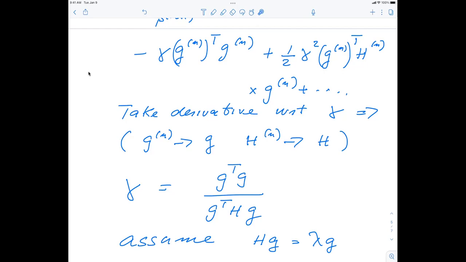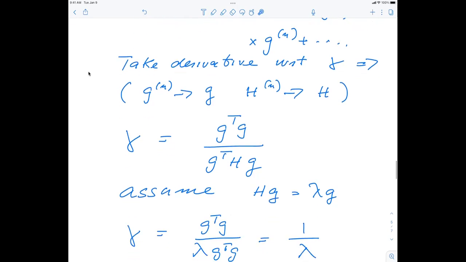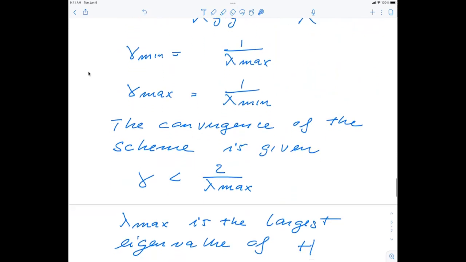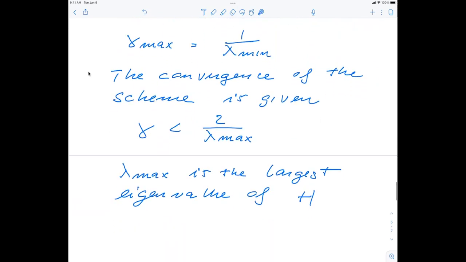And then this is the typical scheme we want to implement in order to find the optimal parameters beta, or the optimal estimator. And you can actually run this analysis, and you can show that in order to ensure convergence, there is a criterion on this parameter gamma, which depends on the value of the Hessian matrix, or the eigenvalues.